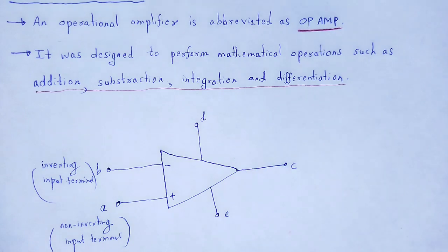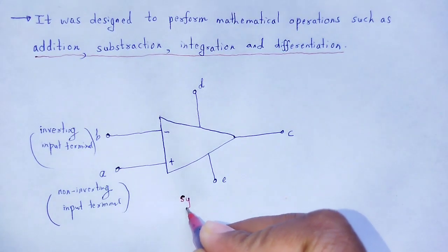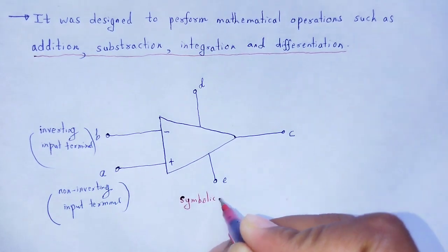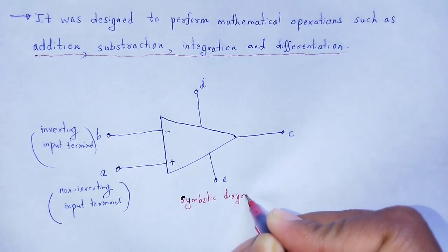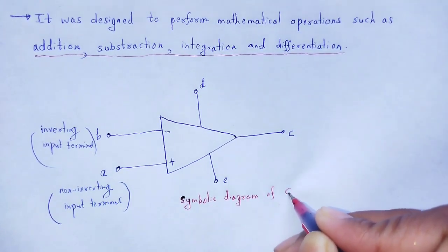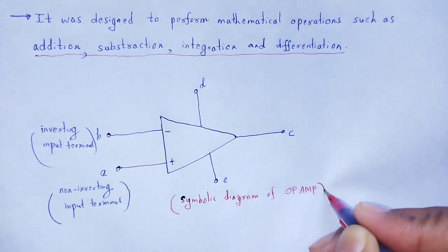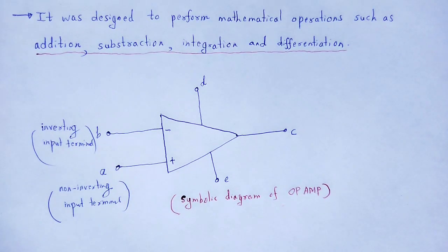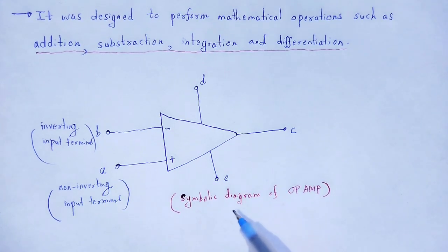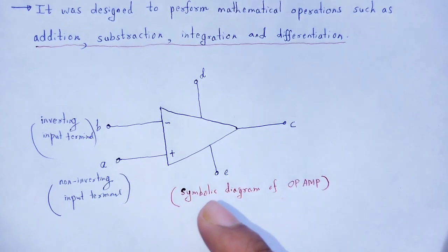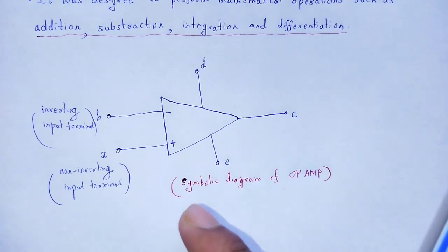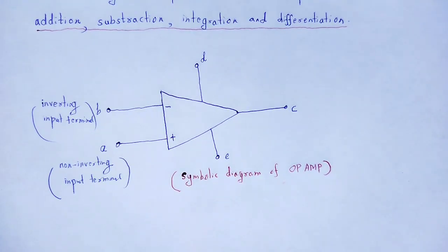This is the symbolic diagram of the op-amp. Now that symbolic diagram of an op-amp can be written in the form of an AC equivalent circuit.